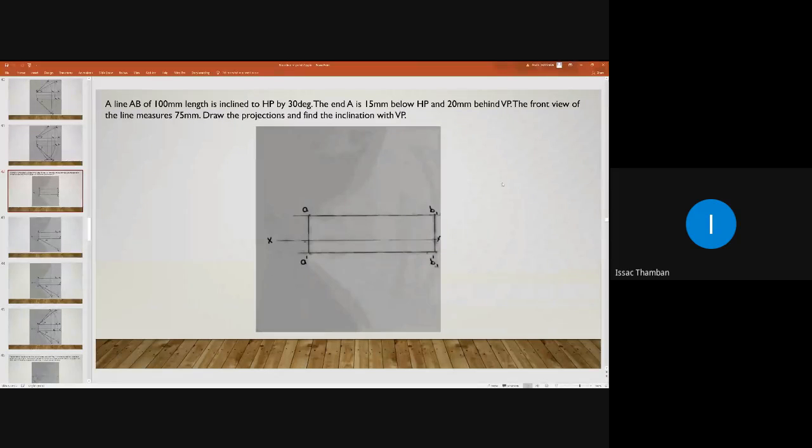End A is located in which quadrant? Second quadrant. Is it correct? Third quadrant, no.